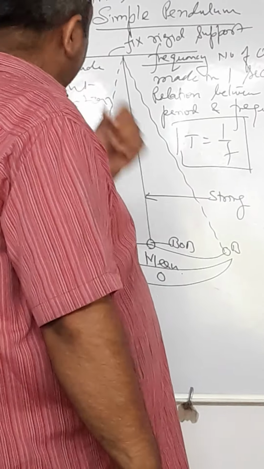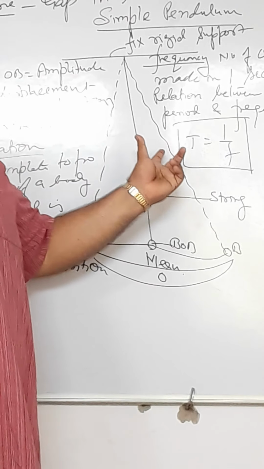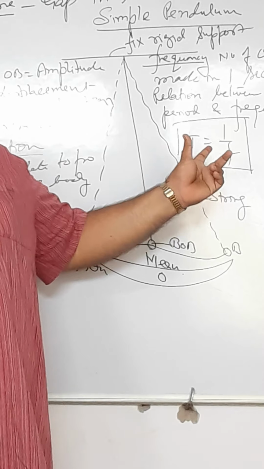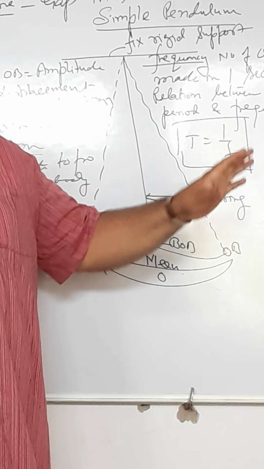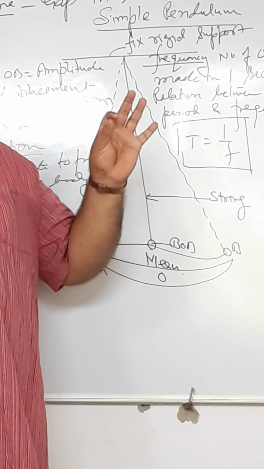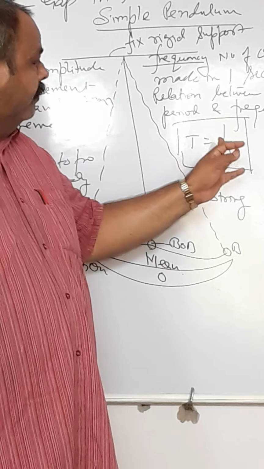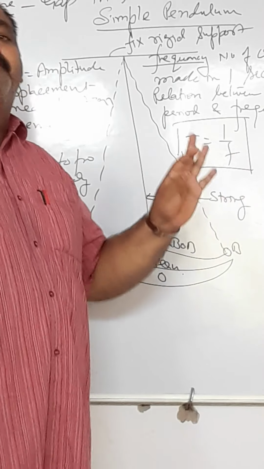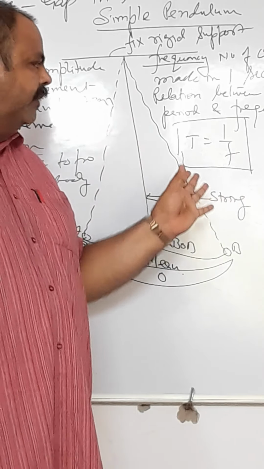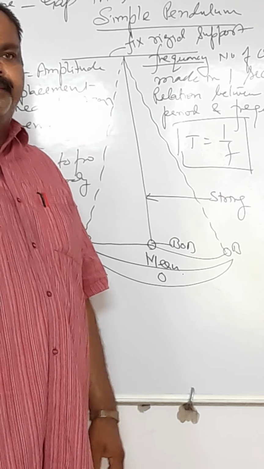Time period is measured in seconds, and frequency is measured in hertz or per second. Understood? So T is equal to 1 upon f. This way we can calculate the time period.